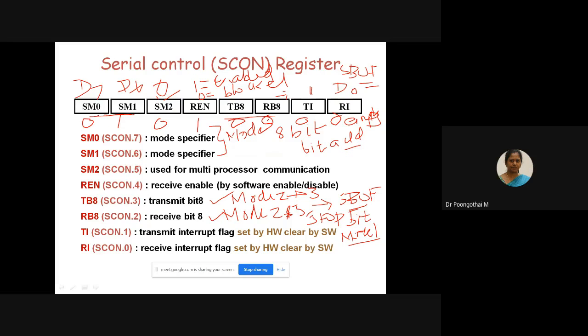Once TI is set to 1, it is the user's responsibility, it is a programmable one, using software we have to clear that bit value. So 0, 1, 0, 1, remaining all 0. TI and RI are automatically set by hardware based on your transmission and reception. So your SCON value will be 50.